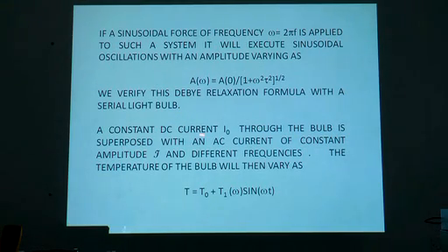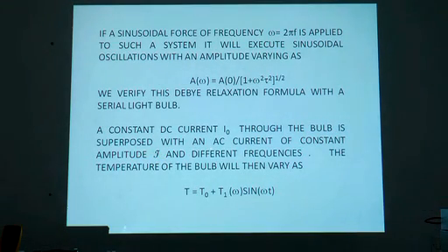So I send a constant DC current I0 through the bulb, and I superpose on the DC current an AC current of constant amplitude I and different frequencies.